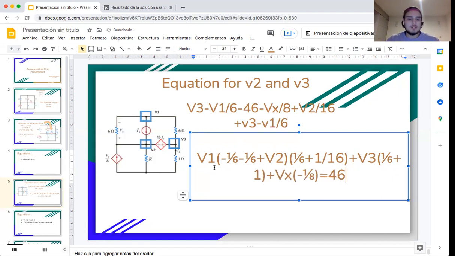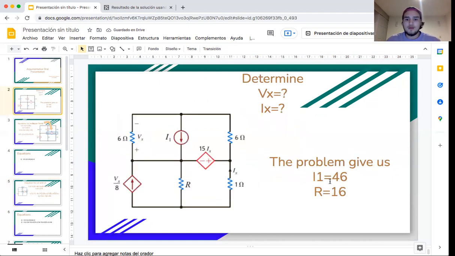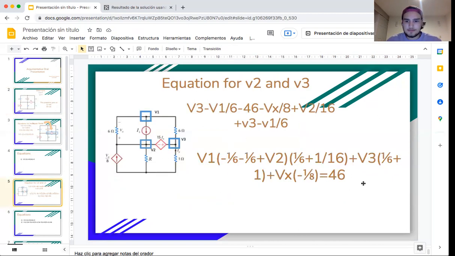That is the 46 that the problem gives us.